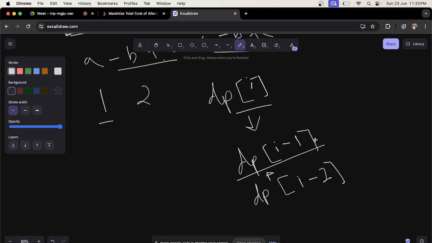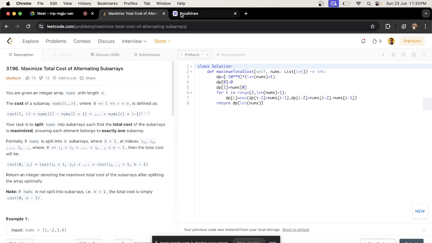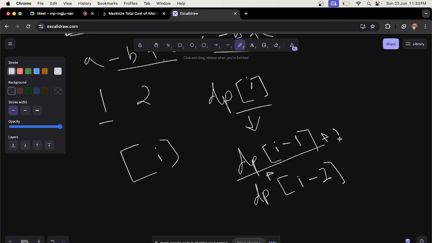So if we take i-1, the subarray will only contain the ith value, so we add the value of nums[i]. The second case is that we have i and i-1 in the subarray, which is a subarray of size 2.